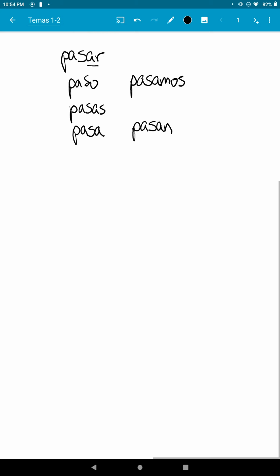So if you need to go back over that section, you definitely can. Now for the ER verbs. For some reason, I'm only coming up with comer. So let's skip that one for now. So now for the IR verb. Okay, escribir.